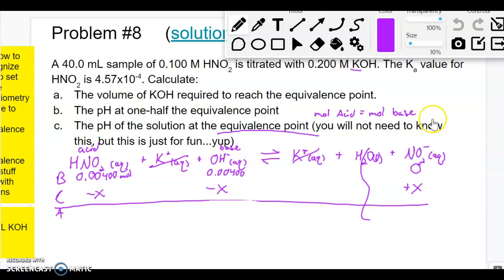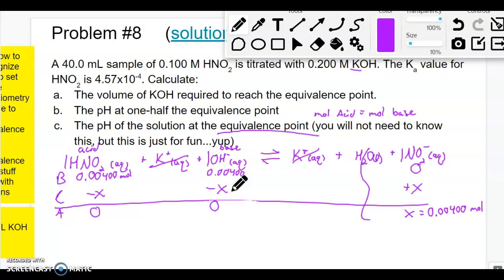And then because both of these are considered my limiting reactant, they are co-limiting. We are at the same stoichiometric ratios. It only takes 1 mole of this and 1 mole of this to create 1 mole of this. We have 0.004 moles and 0.004 moles. These are both my limiting reactants. They will both be completely gone, and then I will end up with X as my product. But this X has to equal this 0.0040 because that's the way that this math works. 0.00400 moles of NO2 minus.